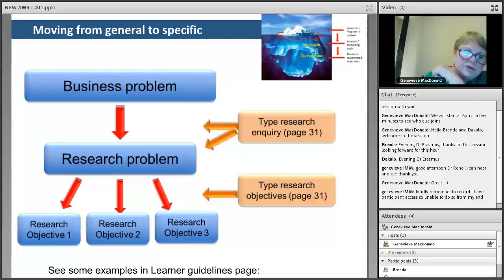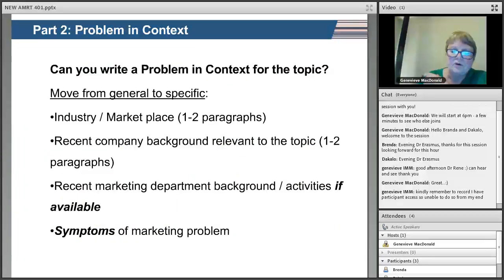Based on the key words in the problem statement, you will then develop research objectives as little action plans that will help you gather the correct data to answer the research problem and give recommendations regarding the original marketing problem.